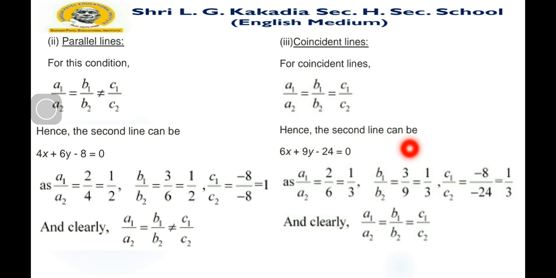Hence the second line can be 6x plus 9y minus 24 is equal to 0. a1 by a2 is 2 by 6, that is 1 by 3, b1 by b2 is 3 by 9, that is 1 by 3, and c1 by c2 is minus 8 by minus 24, that is 1 by 3, and clearly it satisfies the condition for coincident lines. So this way, if one equation is given, you can find another equation that is intersecting, parallel or coincident.